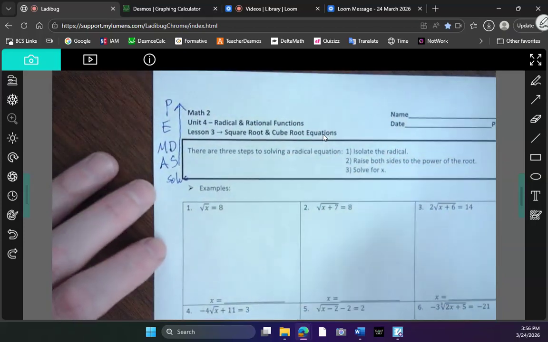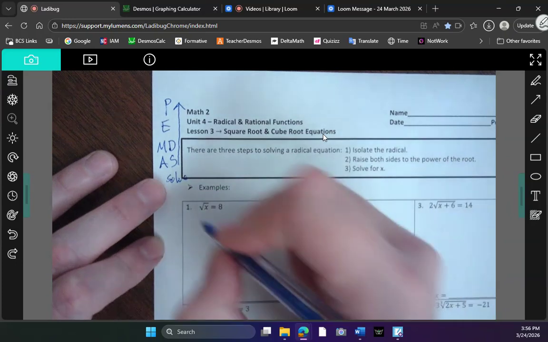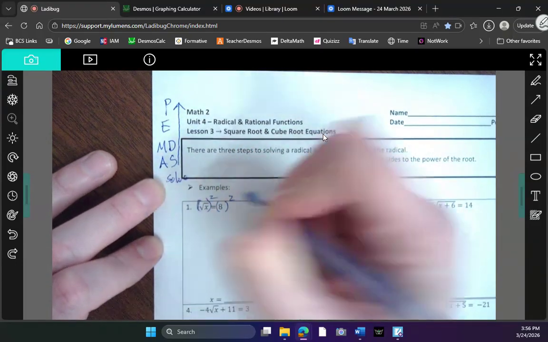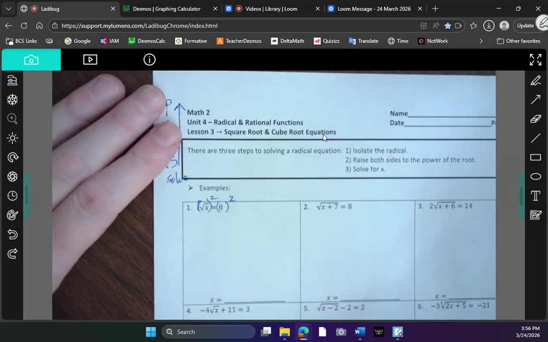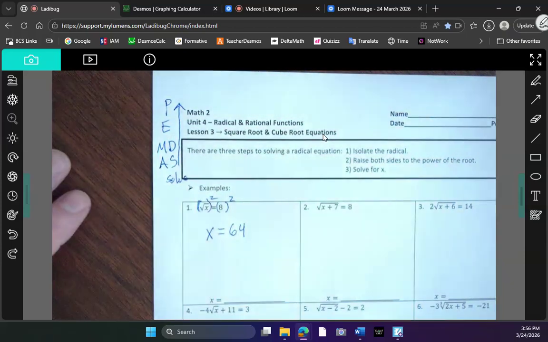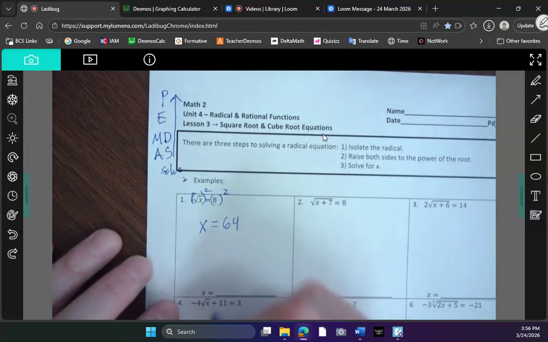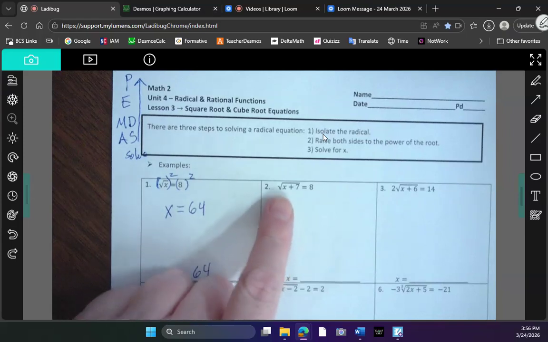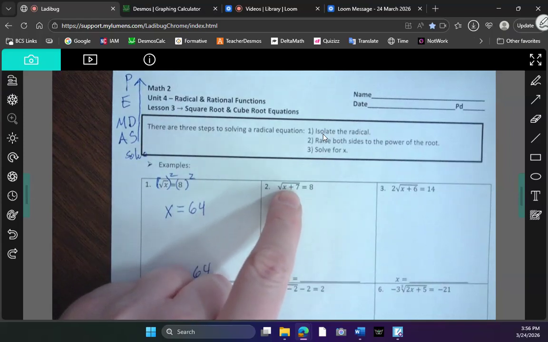So remember that the opposite of a square root is to square both sides. So raise both sides to the second power, and that's going to have x equal to 64. And technically you should write 64 down here, but then here you can see there's going to be steps inside the square root.